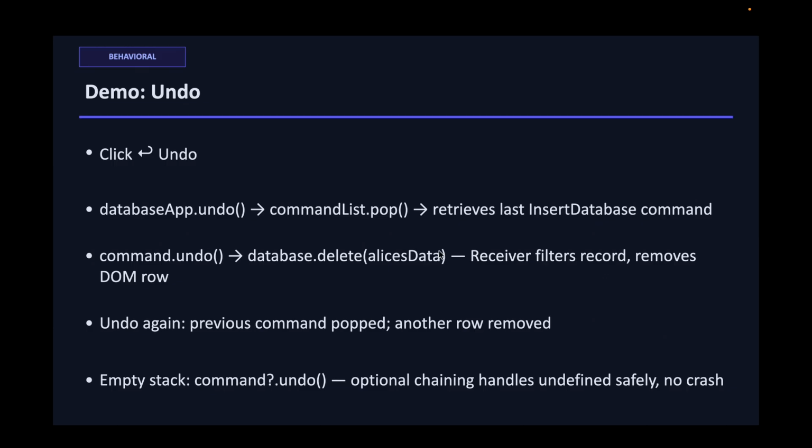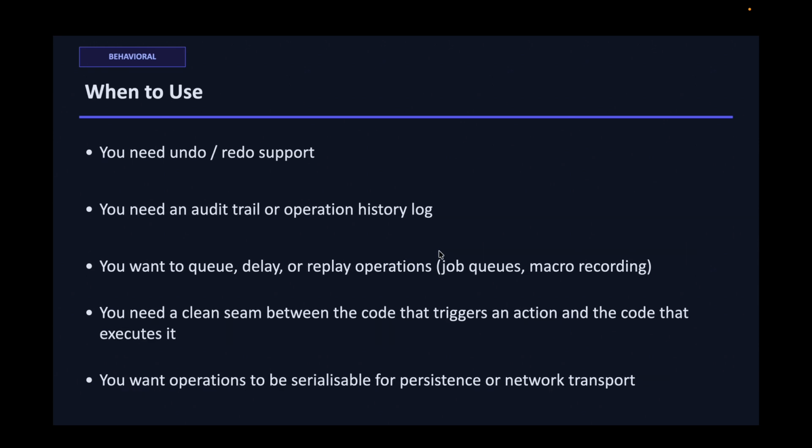If we undo again, the command will be popped, so then another row will be removed since it's an insert database command. If it's empty and we do an undo, since we have some undefined safety here, an empty stack with no undo won't have any issue and there'll be no crash.